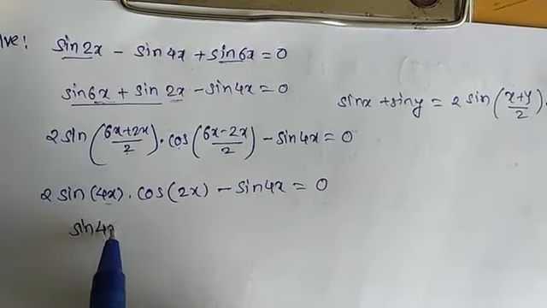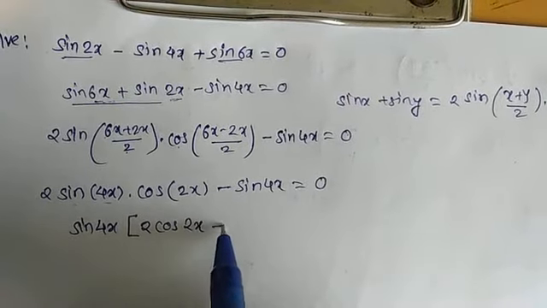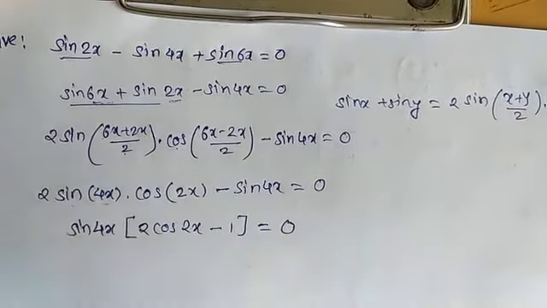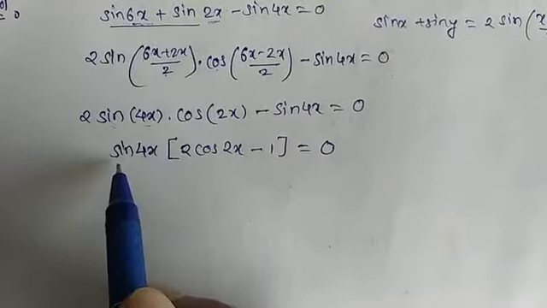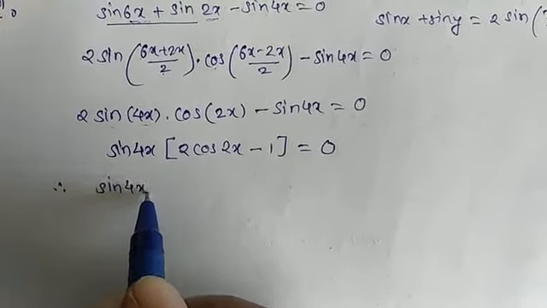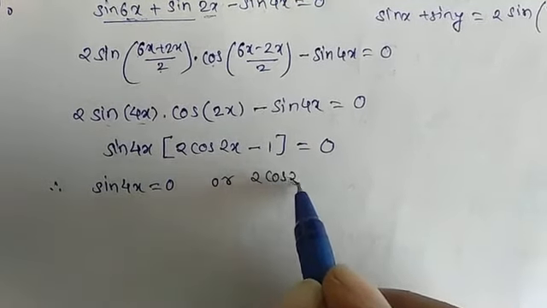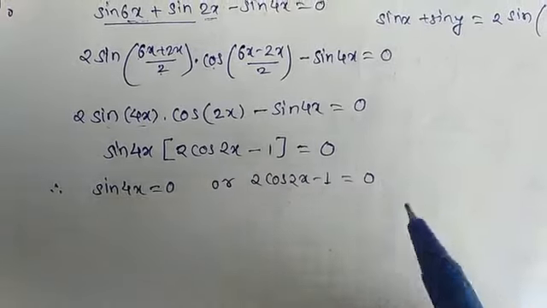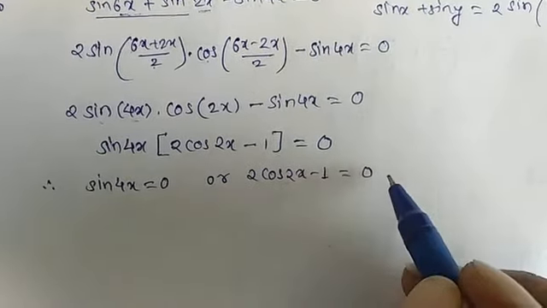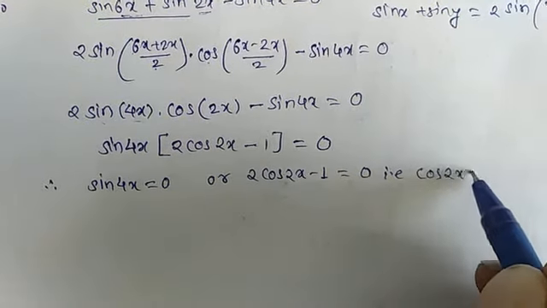So sin 4x into bracket, it will remain twice cos 2x minus 1 equal to 0. So it can be written as sin 4x equal to 0 or twice cos 2x minus 1 equal to 0, which means cos 2x is equal to 1/2.